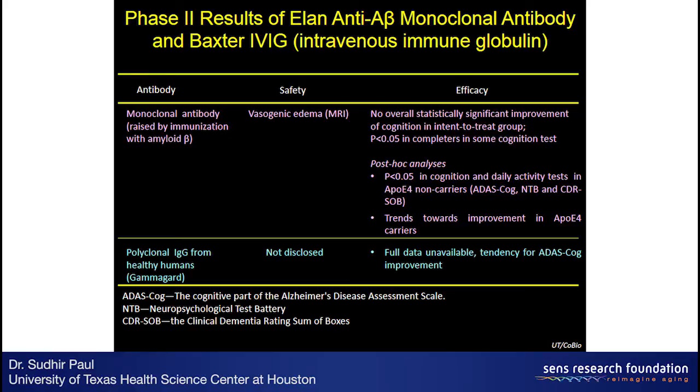These are humans that are not immunized with anything, and these are simply the constitutive antibodies that humans make that are sold under the name Gamma Guard. This formulation is approved for clinical use for immune deficiency and for certain autoimmune diseases, and it's being tested by Baxter in phase 3 trials for the treatment of Alzheimer's disease.